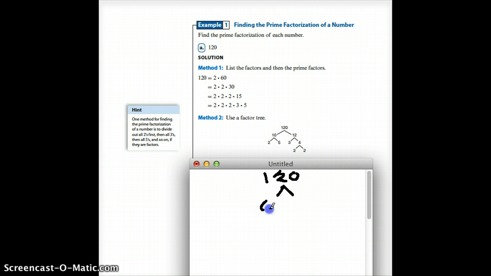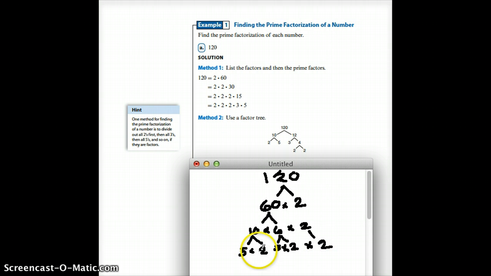Let's start at 60 times 2. We obviously can break 60 down further. We can say that's 10 times 6, and times 2. Then 10 gets broken down into 5 times 2. 6 gets broken down as 3 times 2. And then 2 comes down.